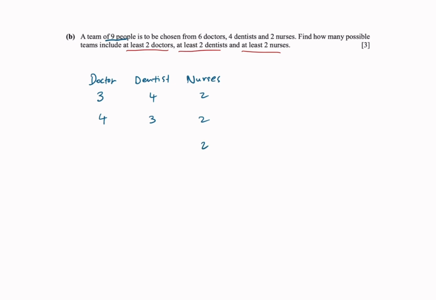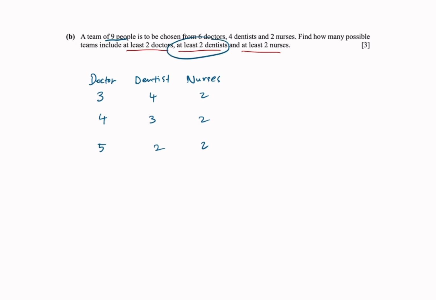And then you can have 5 doctors and then 2 dentists. And let's say you go up to 6 doctors. You will only have 1 dentist, which is not possible because you need at least 2 dentists, like the question said, so it is not possible.